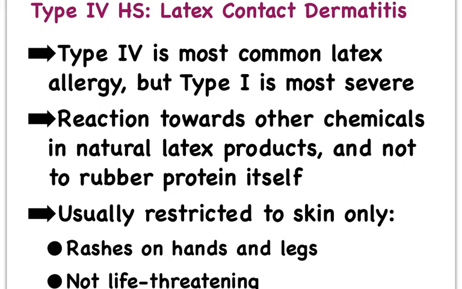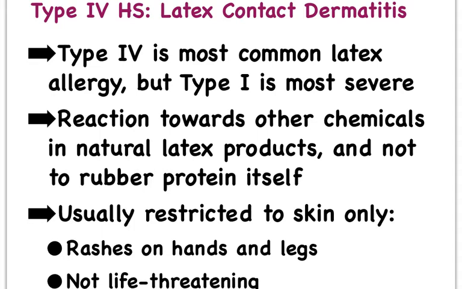Remember that we discussed latex allergies in the type 1 hypersensitivity, and recall that that is very often an anaphylactic response, especially when a person has been exposed repetitively to the rubber protein in latex. So the rubber protein is going to be mostly responsible for the type 1 systemic anaphylactic response, or the non-atopy response.